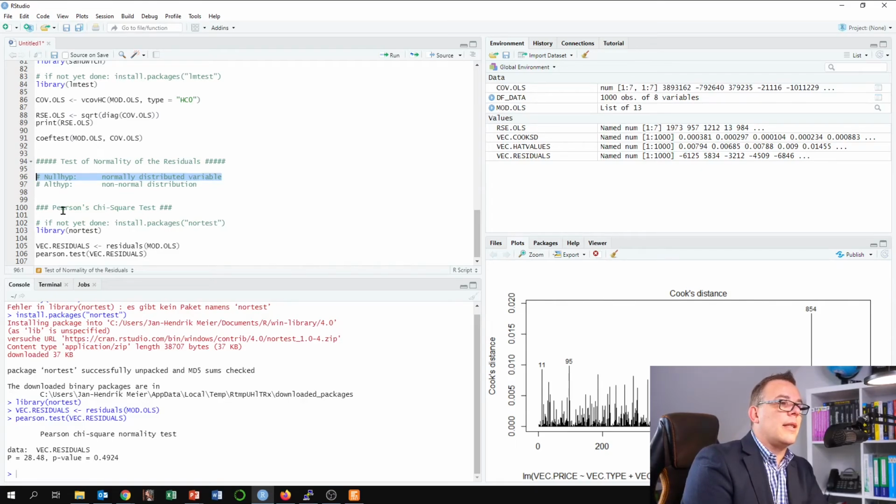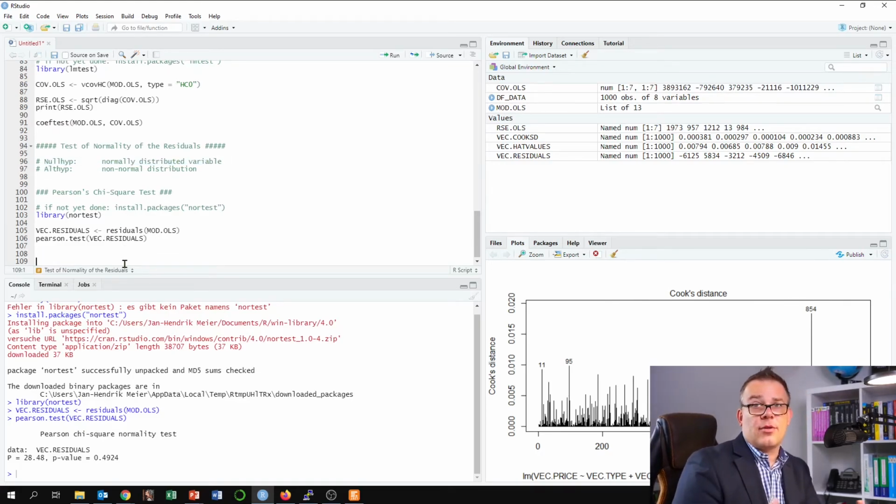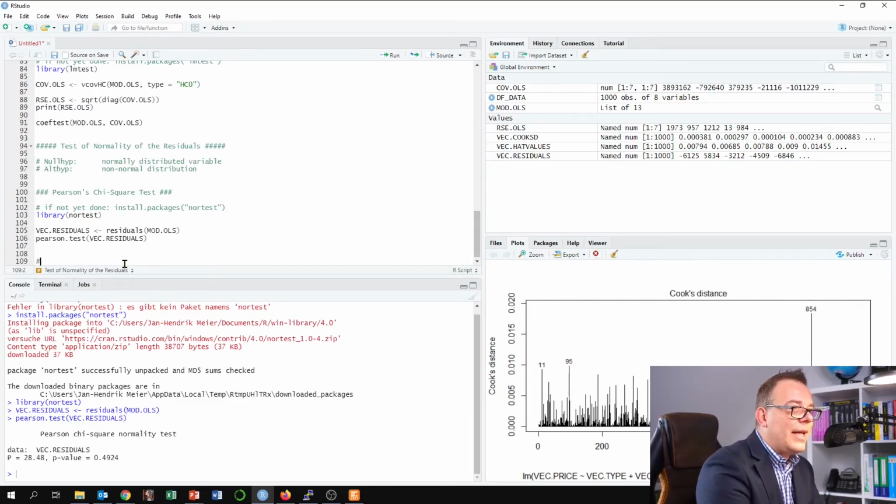That would mean that we don't have a normal distribution then. Well, that's a pretty simple test. It is not very specialized on residuals, so it is not perfectly fitting to OLS analysis. The next one won't be either.